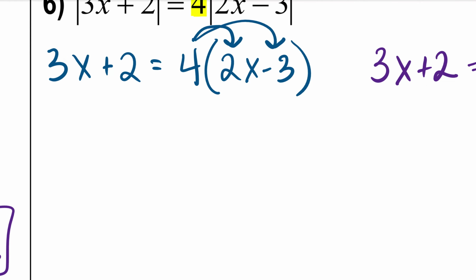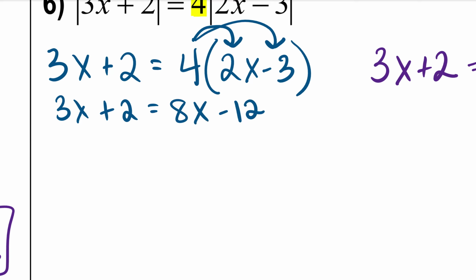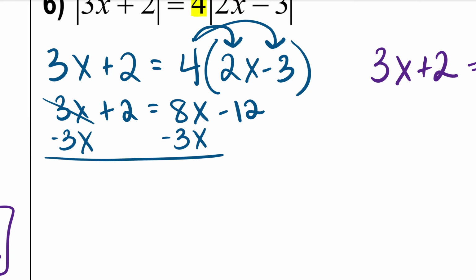So now we're just doing PEMDAS, right? 3x plus 2 is 8x minus 12. Move the smallest x. So I have 2 equals 5x minus 12.